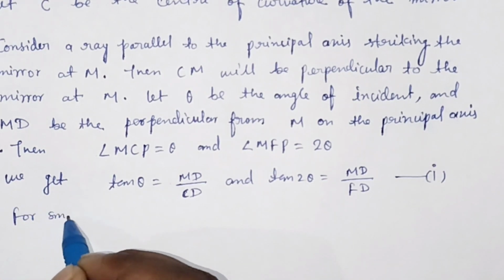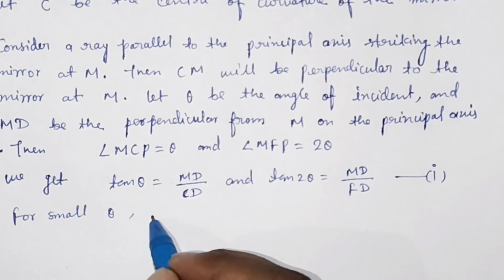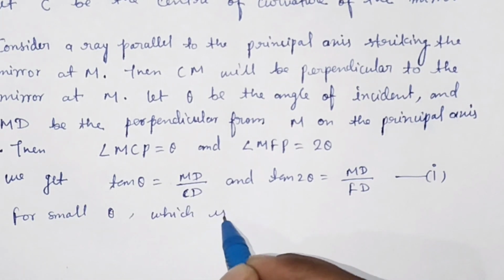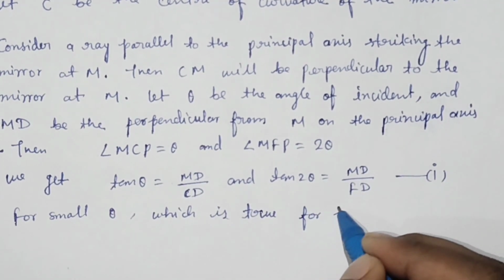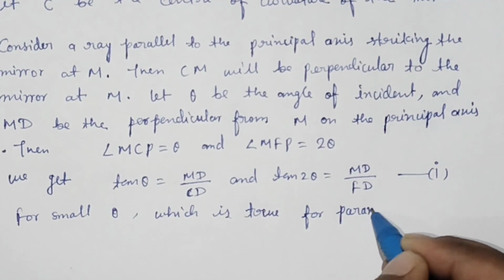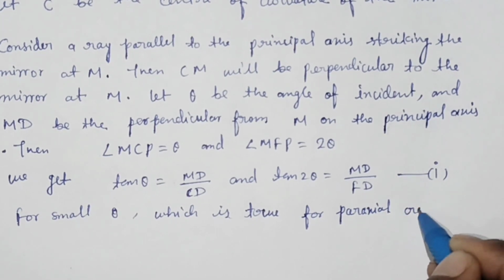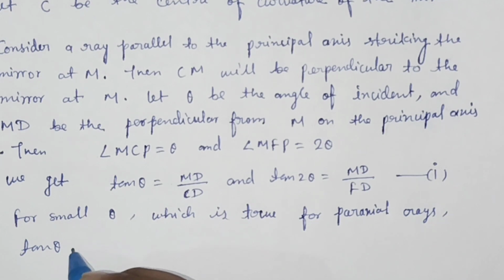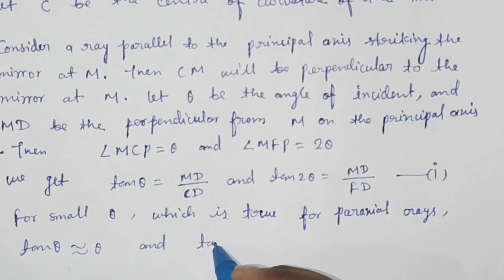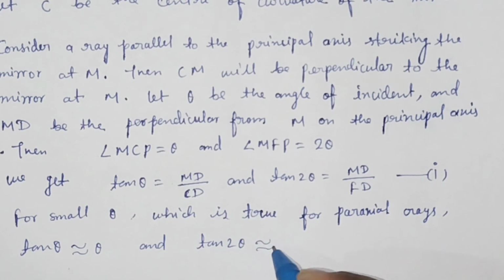For small angle theta, which is true for paraxial rays, tan theta is approximately equal to theta, and tan 2 theta is also approximately equal to 2 theta.